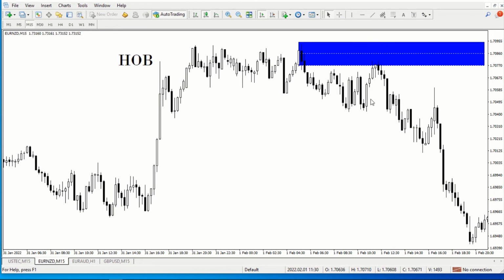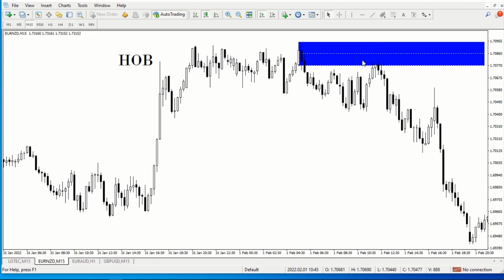In one scenario, as soon as price trades just below the order block, it gets rejected. In another scenario, price could trade a little bit into the order block, tap liquidity, and then get rejected. The third scenario is that price will continue trading beyond the order block and continue its direction.